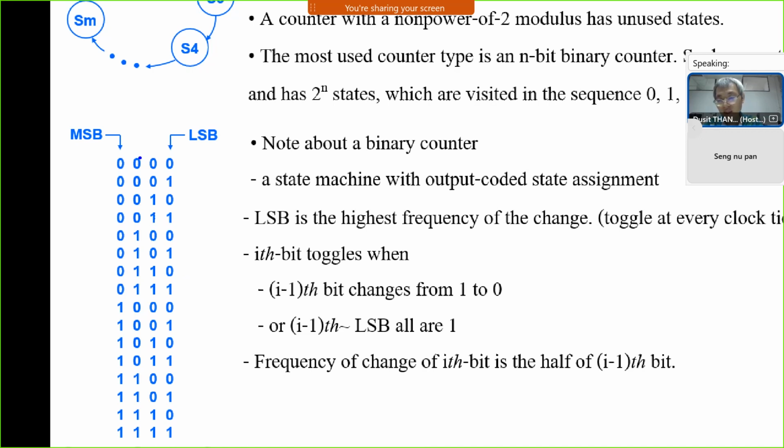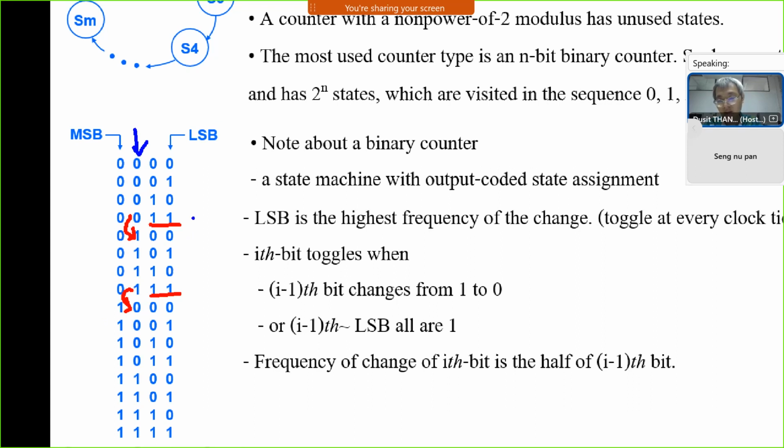For example, if you consider this digit, it will change or toggle under some condition. When? When the previous bits are 11, right? If they are not 11, it does not change. But when the previous bits are all 1, when the clock ticks, it changes.